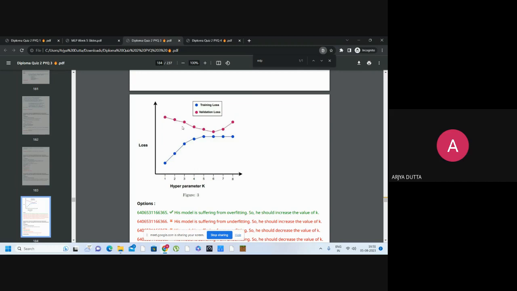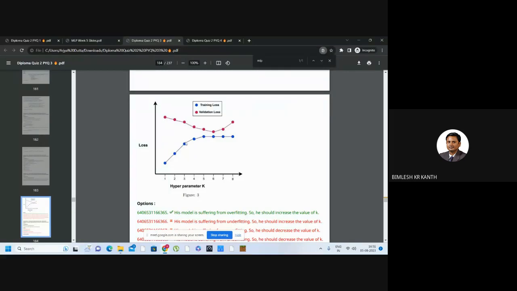Okay, but if we increase the value of k, the validation error is decreasing. So when the validation error increases, then it should be overfitted, right? No. See, this curve is for training loss and validation loss. Training loss is less at k equal to 3, but validation loss is high at k equal to 3. So at k equal to 3, the model is overfitting.